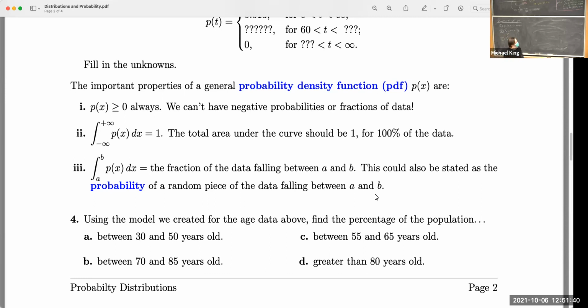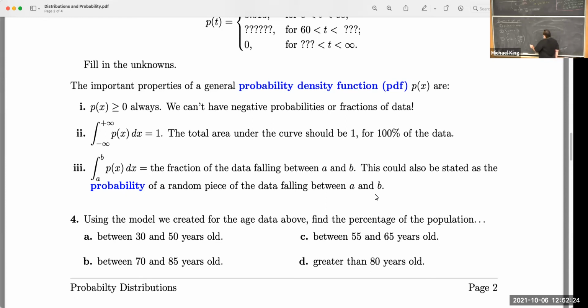The probability that some randomly chosen piece of the data is between A and B equals the fraction of data between A and B. That's what that's supposed to represent. Okay. Well, those make sense conceptually.